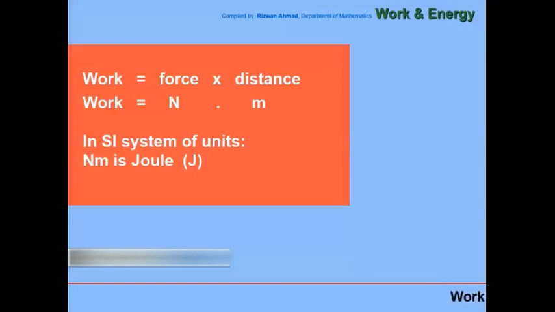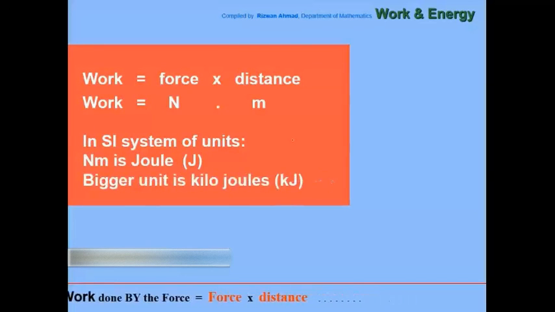All others are small letters, like meter is small m, second is small s, acceleration is small a. Bigger units of this are kilojoules, kJ, which means 1000 joules. So the unit is joule, or we can say Newton meter.